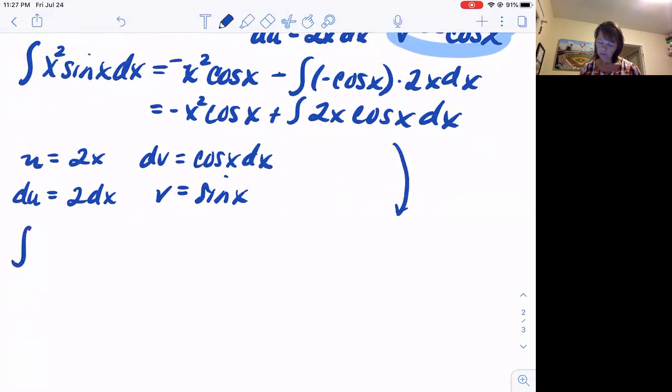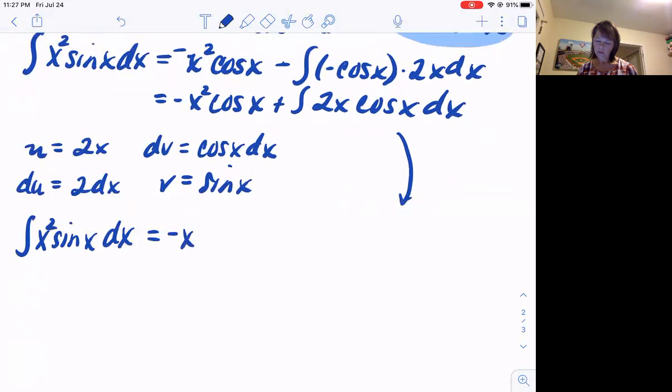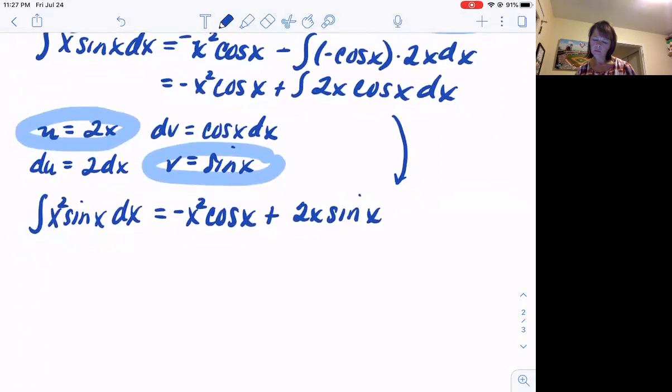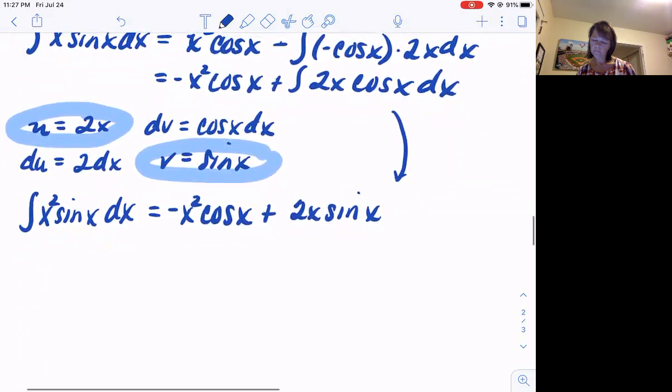So I have the integral of x squared sine x dx is then equal to negative x squared cosine x, and then plus, so now I have to do my uv. Here's my u and my v, that will come first. So it'll be 2x sine x, minus the integral of v du.